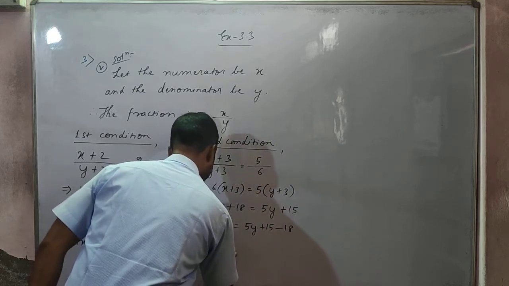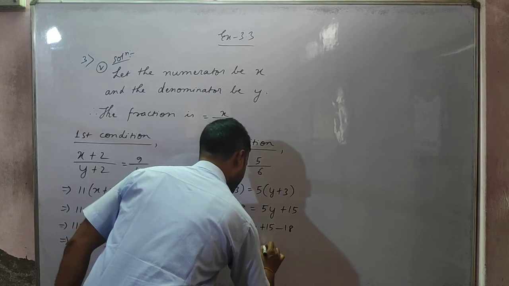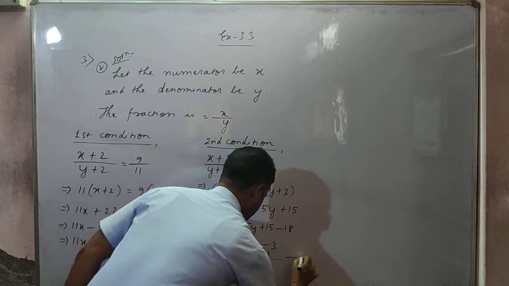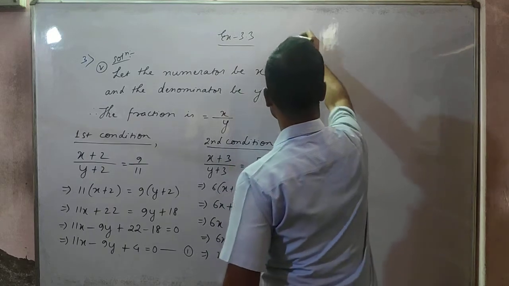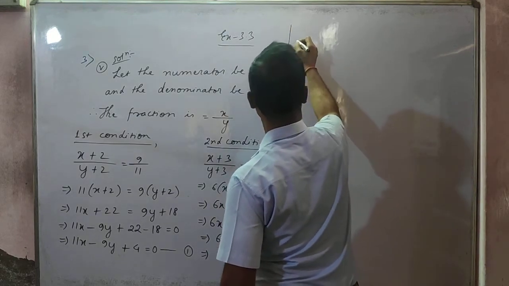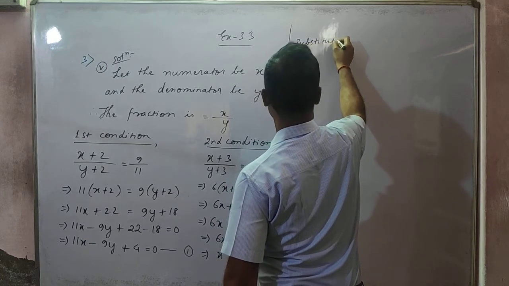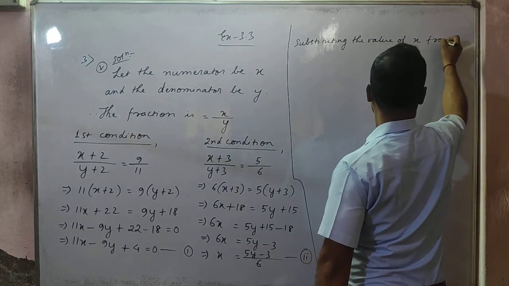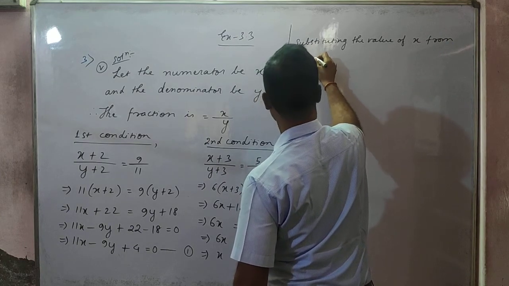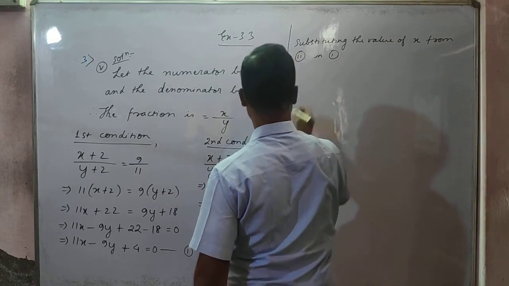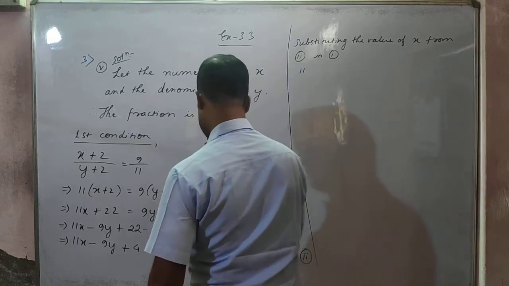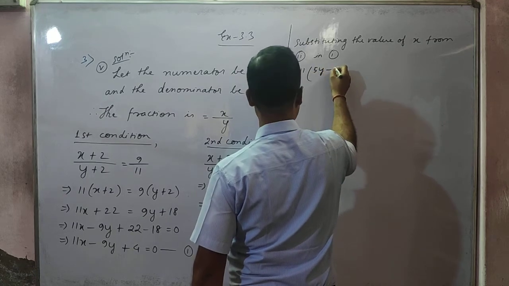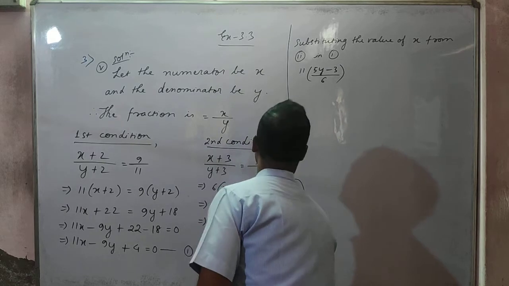So 6x minus 5y minus 3 is equal to 0. Now substituting the value of x from 2 in 1, x is there, isn't it?